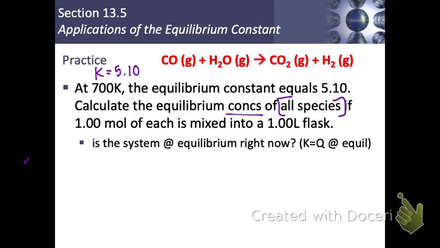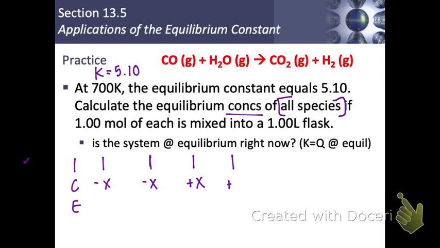Okay, let's do our ICE table for this. Initial concentration for all of them is just 1, right? And we've got 4 species here, 4 different chemicals. Okay, as I walk through, it's going to be minus x, then what?